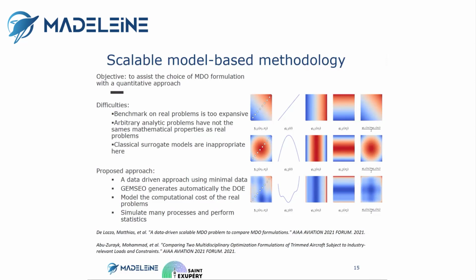So the main idea is that we replace the original models by an approximation which captures only the required mathematical properties that impact the performance of the formulation. If you see on the right, the concept is to create a diagonal DOE in the design space, so in an n-dimensional design space. And from that DOE, we hope to capture the main variation and the main linearity or non-linearity of the functions.